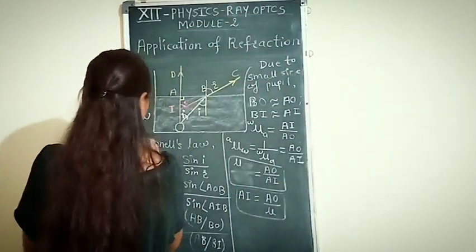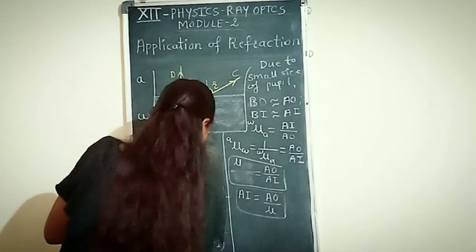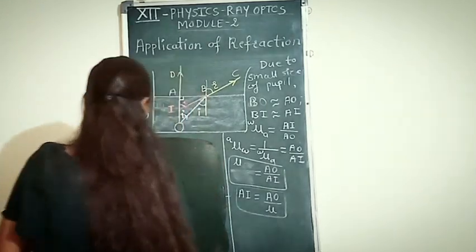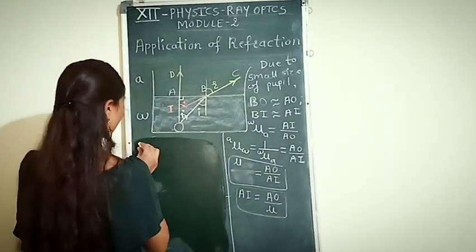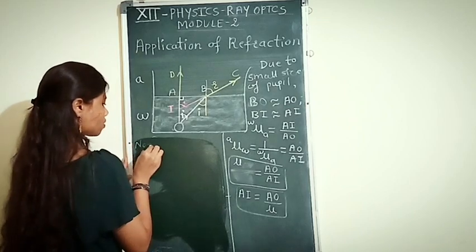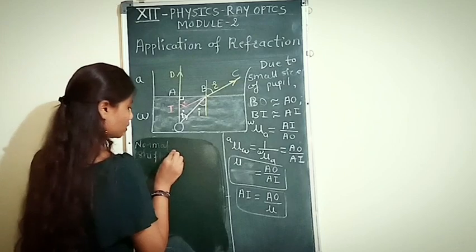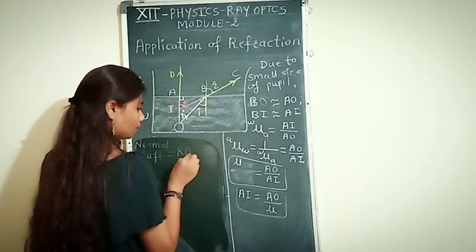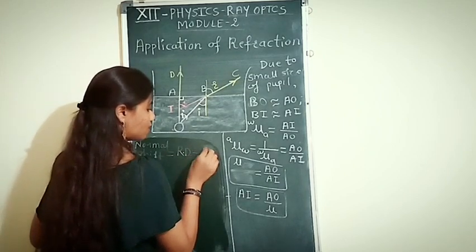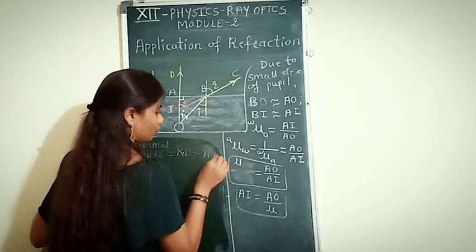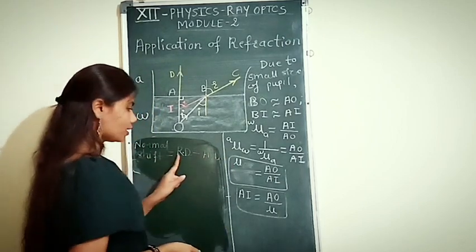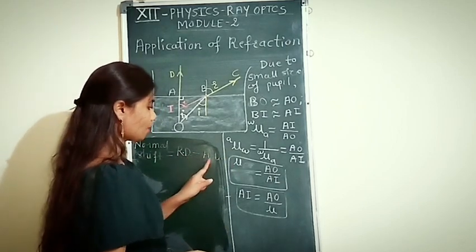This normal shift, denoted by small d, is equivalent to real depth minus apparent depth.